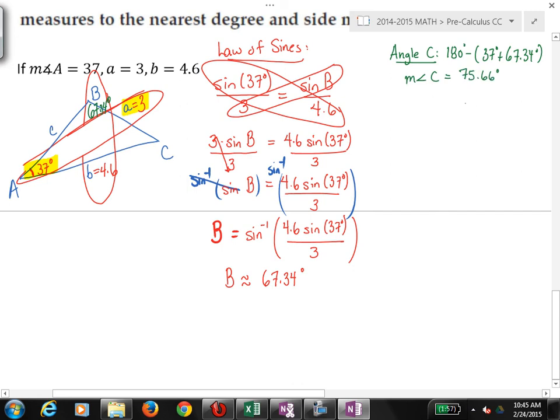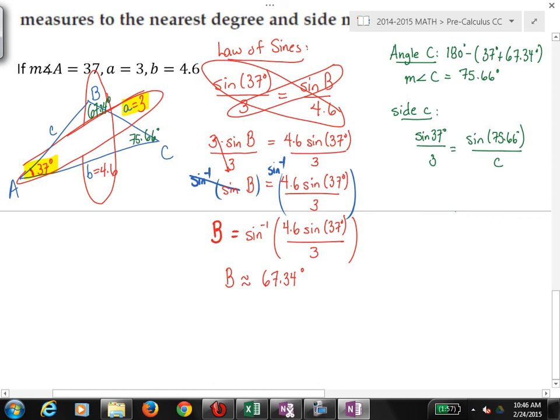All right, now what if I wanted to find side C? Yeah, just set it up again, law of sines. Again, I would suggest you start off with the first one that was known, the sine of 37 over side 3 is equal to this time sine of 75.66 over side C. I'm going to let you do this one.